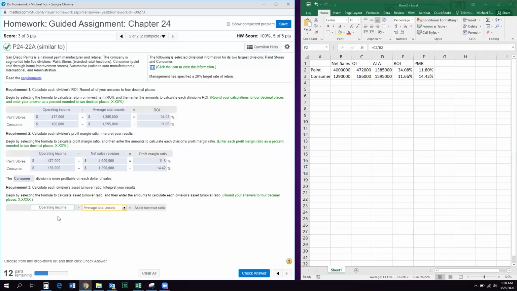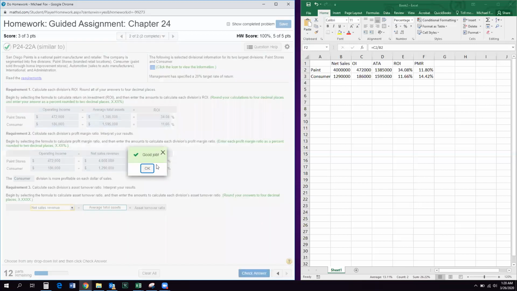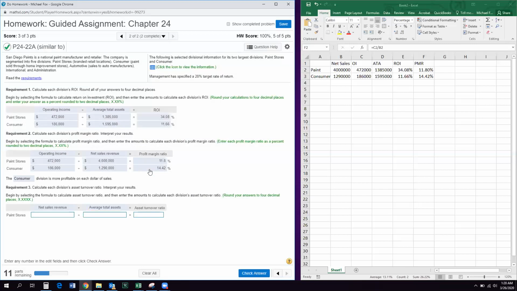Let's see, asset turnover. So that's actually going to be our sales divided by our average total assets, I believe. Sorry about that. So how often are we selling an amount equal to our average total assets? So asset turnover ratio is going to equal our net sales divided by our average total assets.